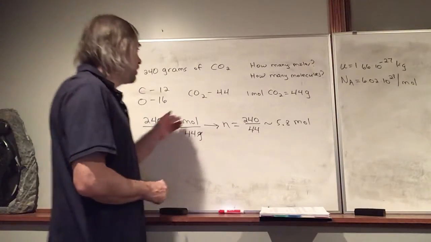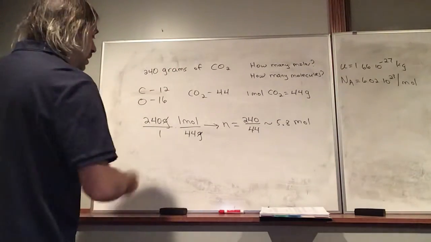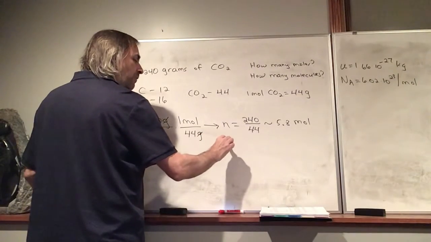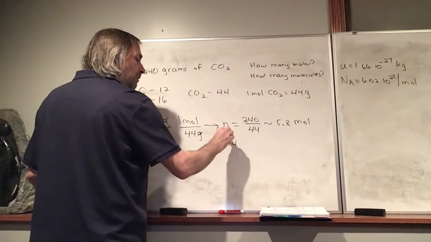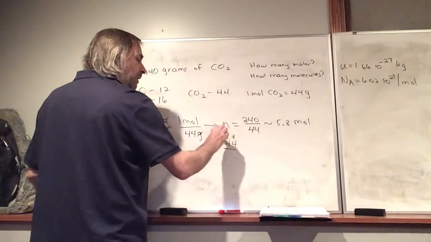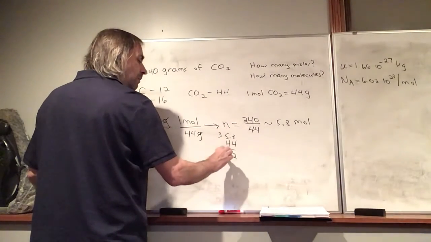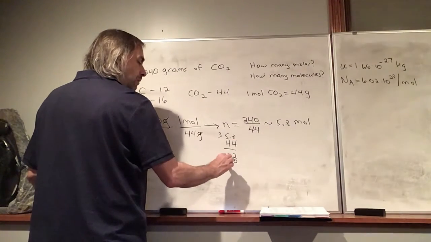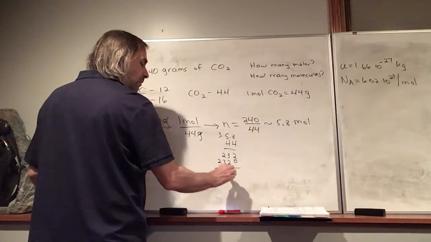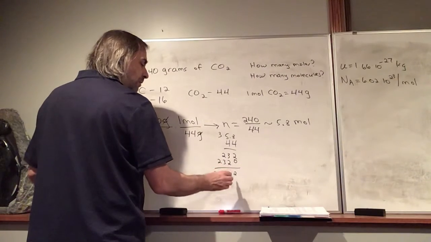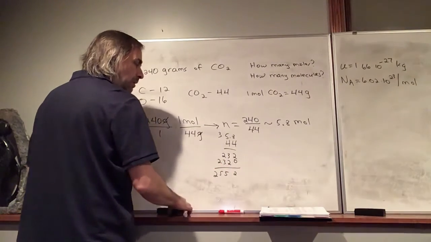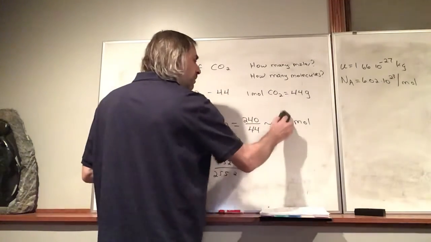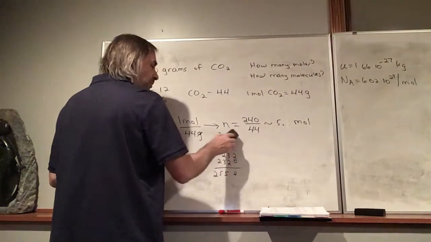So now we want to know how many molecules there are. Let me just check this number, 44 times 5.8. Let me see how close that is. That's a bit high. So maybe around 5.7 would have been better.